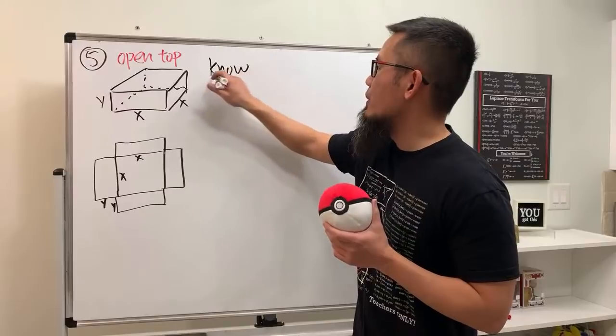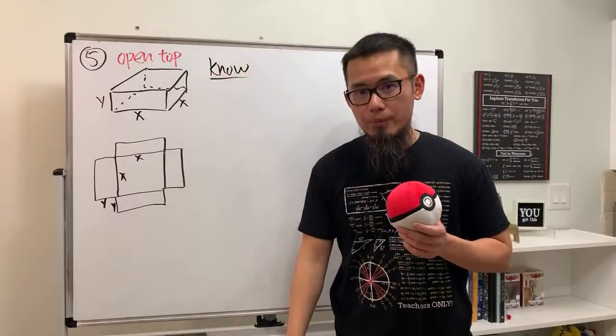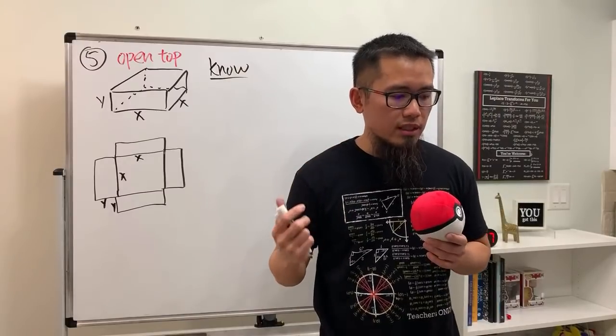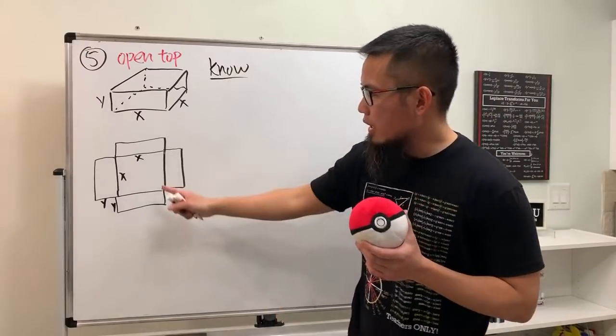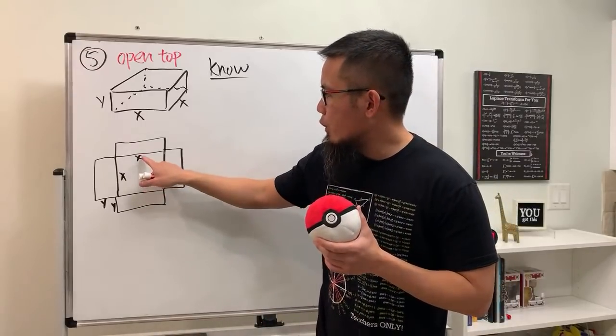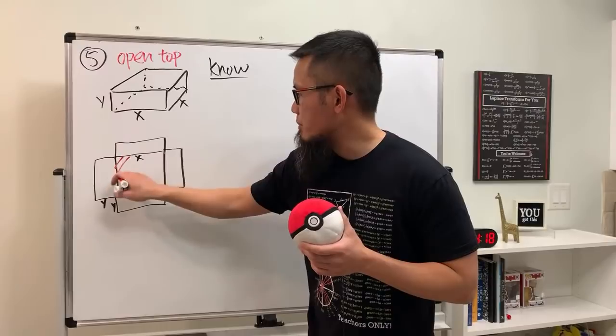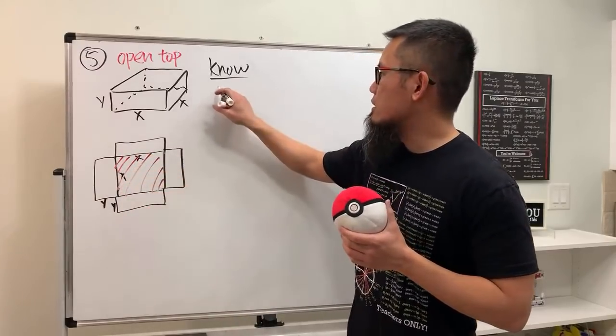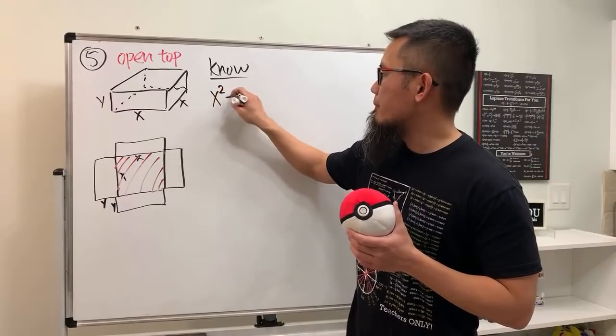The first thing, we are going to write down what we know. Because we know that we have 300 square centimeters of material, we're going to look at the area. So first, we have this square, so I'm just going to color this right here. That's going to be x times x, so we will have x squared.